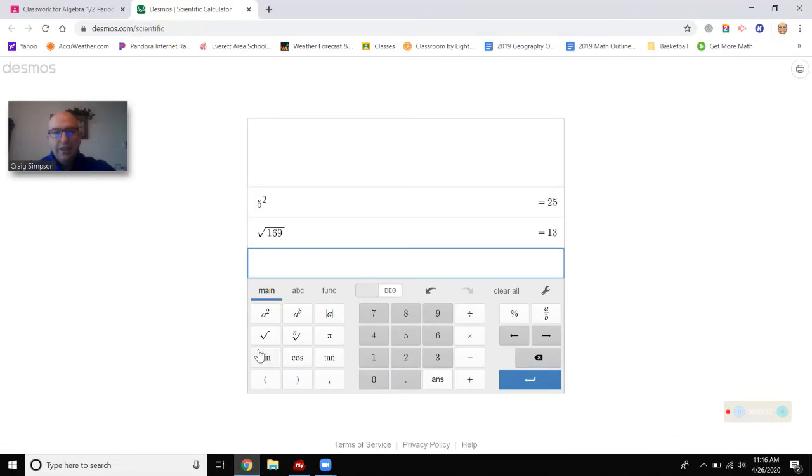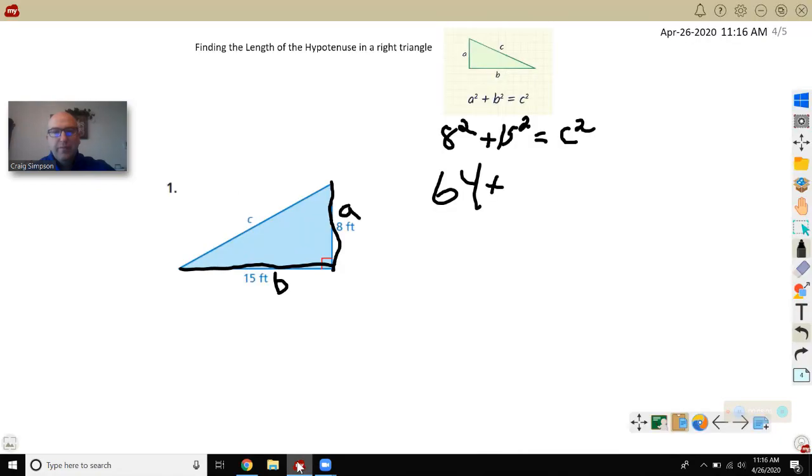Let's just go back and use our calculator. 15 squared is 225. And that equals C squared.